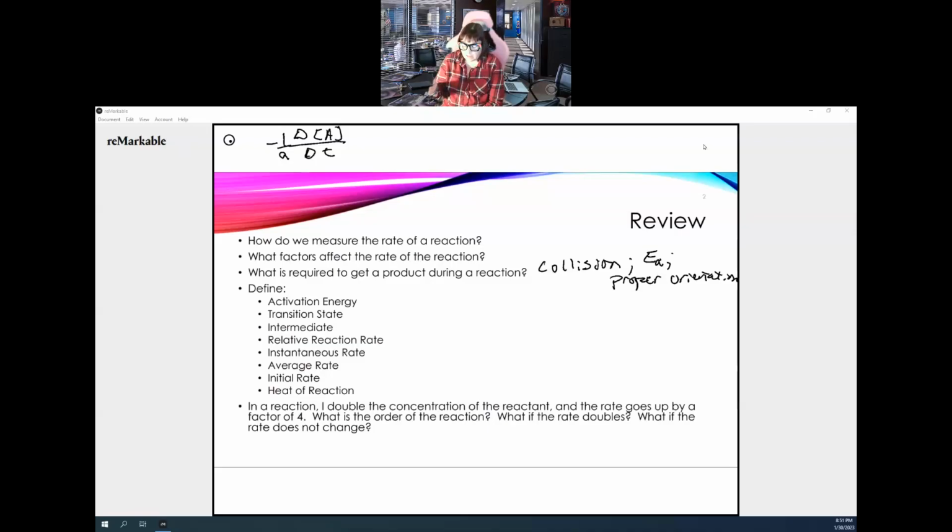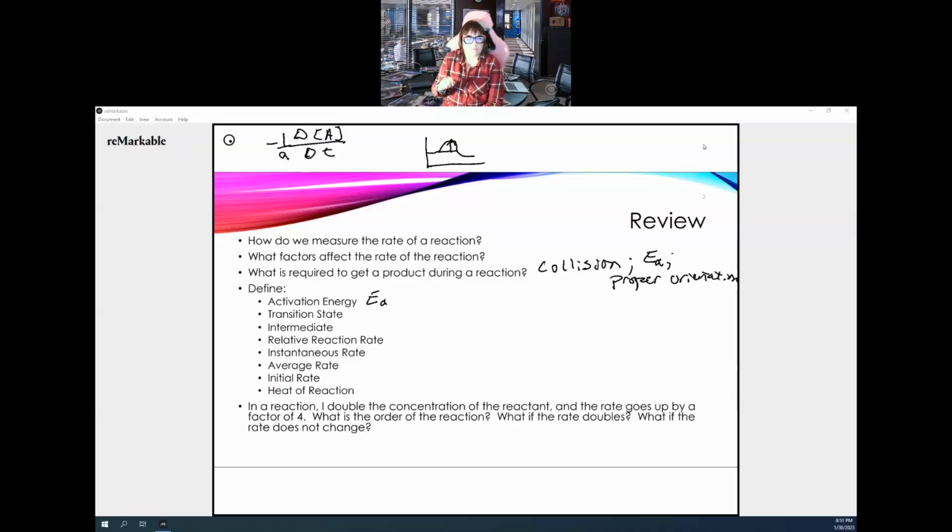Activation energy is EA. If we look at one of these graphs, the EA is the difference between the energy I start with and the energy at the highest point. That's my activation energy, EA. The transition state is what exists at that highest energy point.